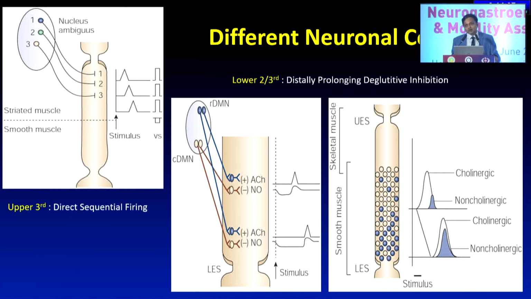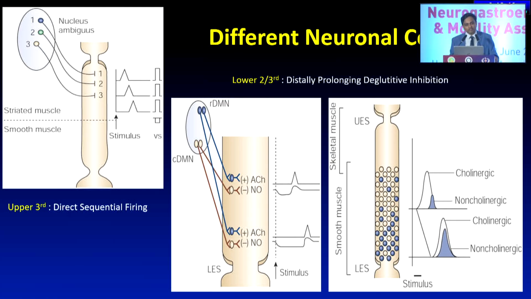The smooth muscle part is more complex. Here, it is under neurological control from the CNS, but it has its own local controls. And if you see the innervation in the lower part of the esophagus, there is a gradient, where the relaxation fibers are more as you go down and down.